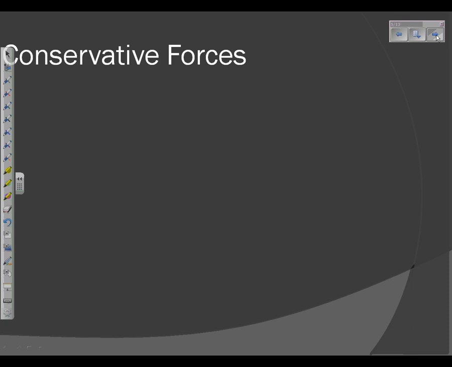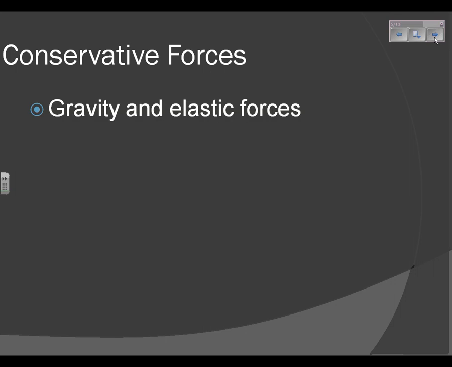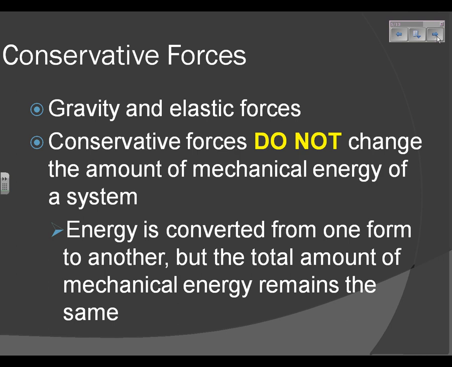Conservative forces. Conservative forces consist of two things. There are two kinds of conservative forces: gravity, and elasticity, springy things like rubber bands and slinkies. What makes conservative forces special? Conservative forces do not change the amount of mechanical energy in a system.